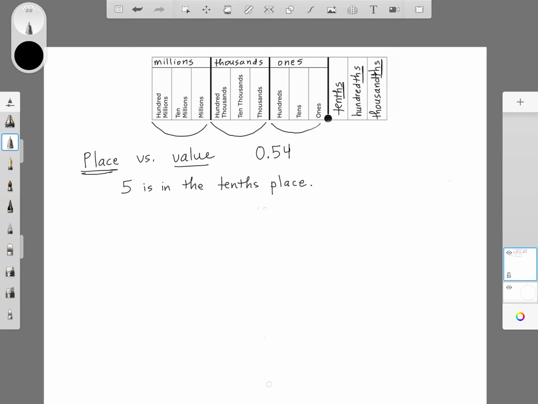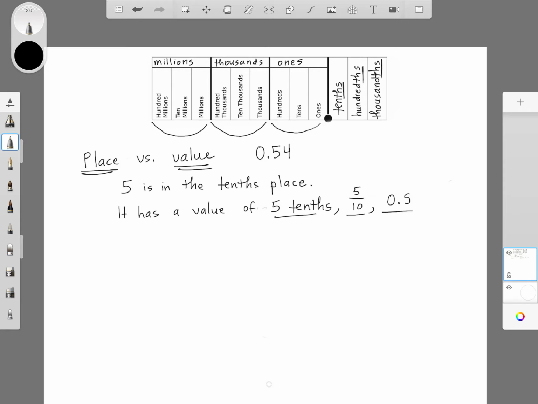It has a value of 5/10, or you could write it as a fraction, or as a decimal. Those are all the same, and we read them all the same.